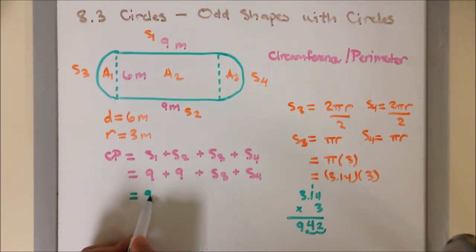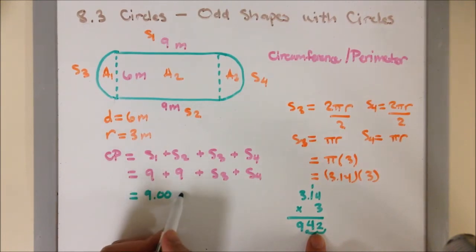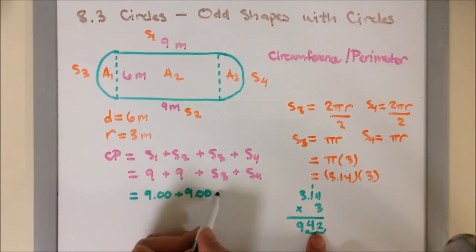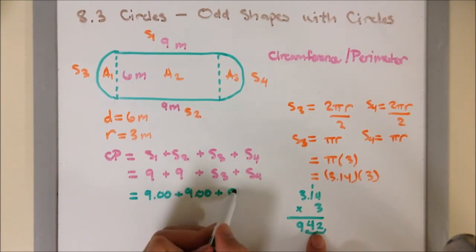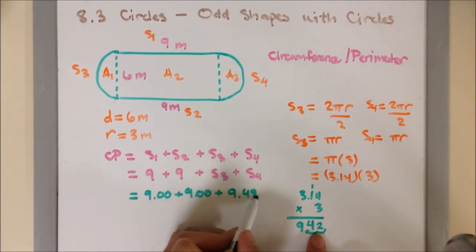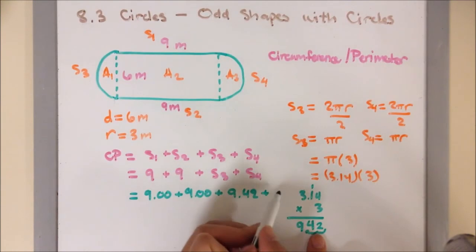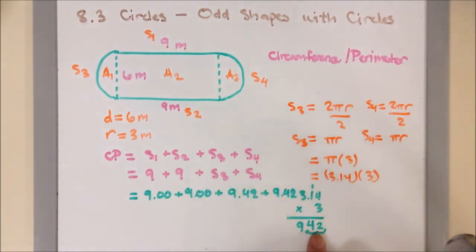So it's going to be 9.00 because it's 2 decimal places, plus 9.00 plus my S3 is going to be 9.42 plus S4, which is another 9.42. Alright?